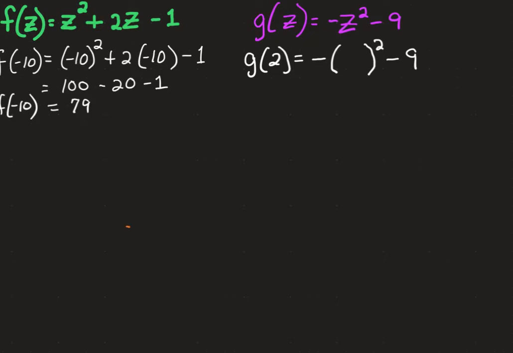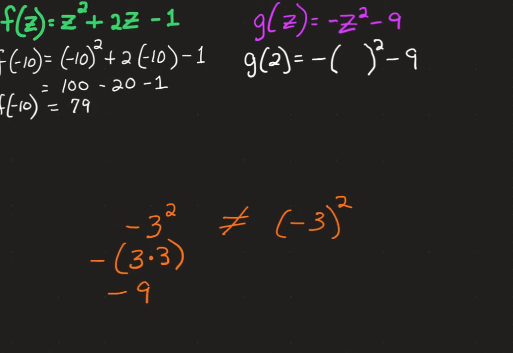and that is that negative 3 squared does not equal parentheses negative 3 close parenthesis squared. The expression on the left-hand side means the negative of 3 squared, or 3 times 3. So it means negative 9.